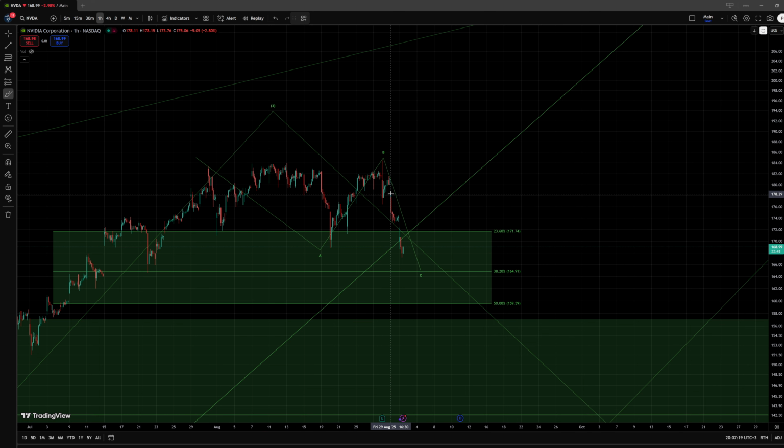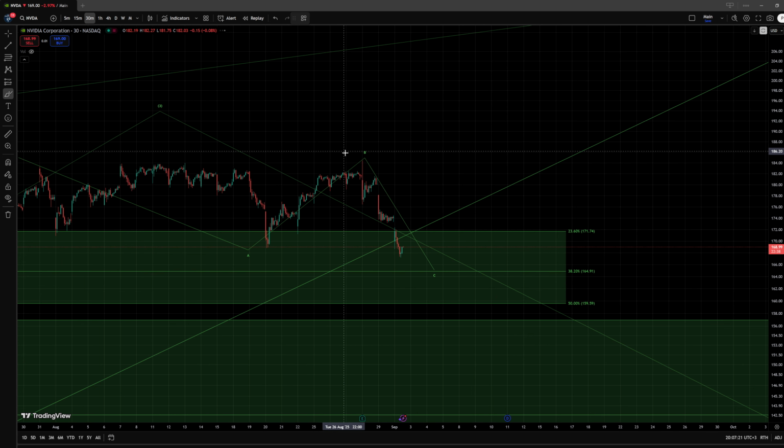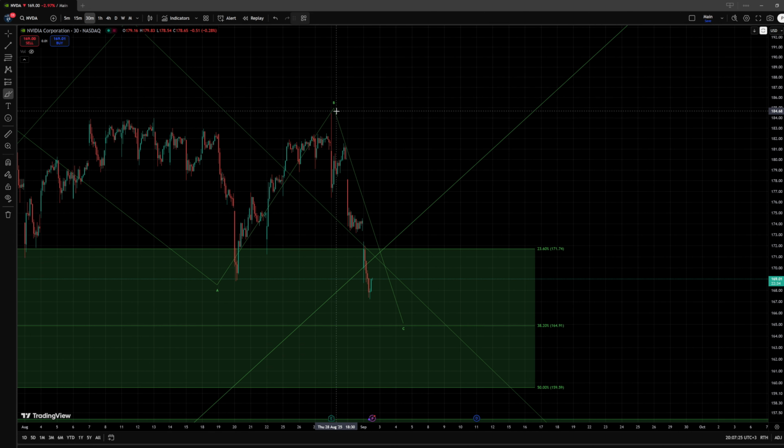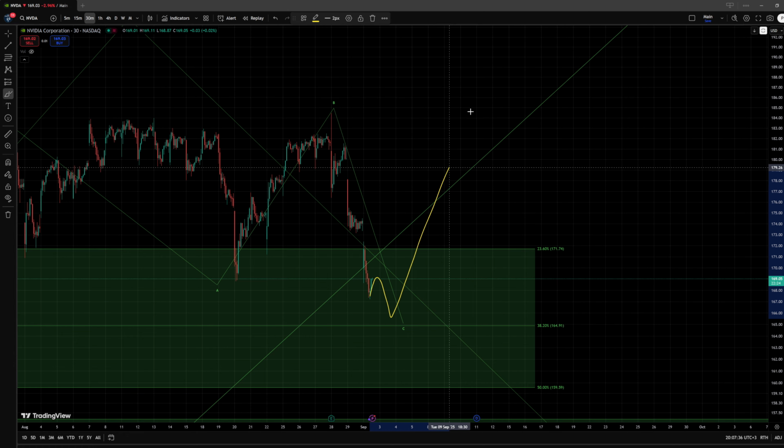Depending on how the structure actually is, we could see this ending as a diagonal pattern, but realistically also one more 4-5 pattern could be enough to consider it complete and be looking for additional highs.